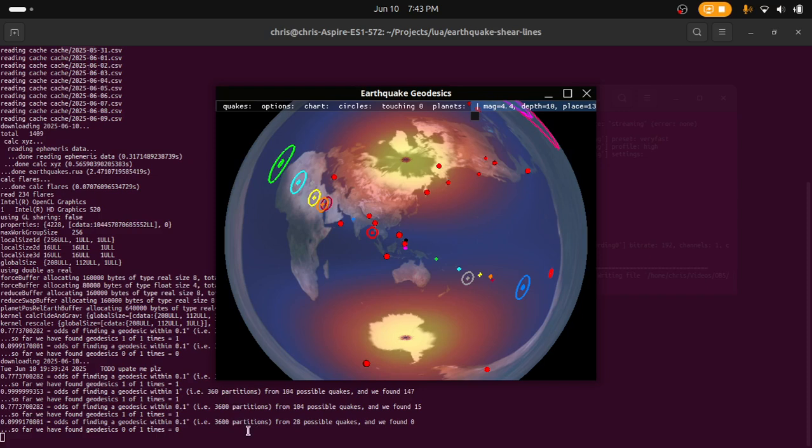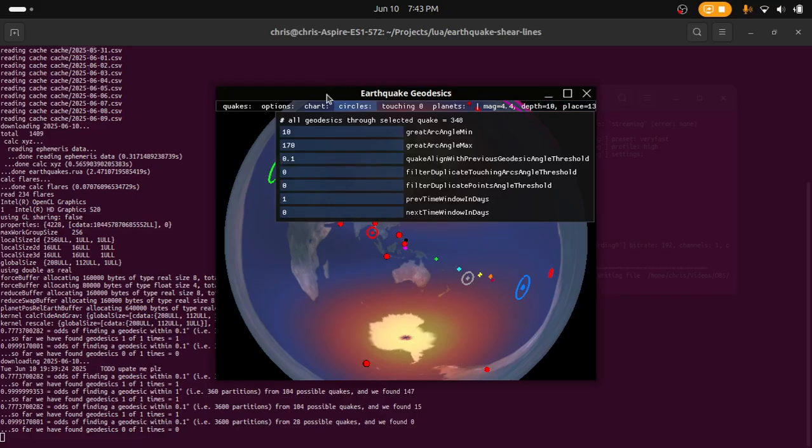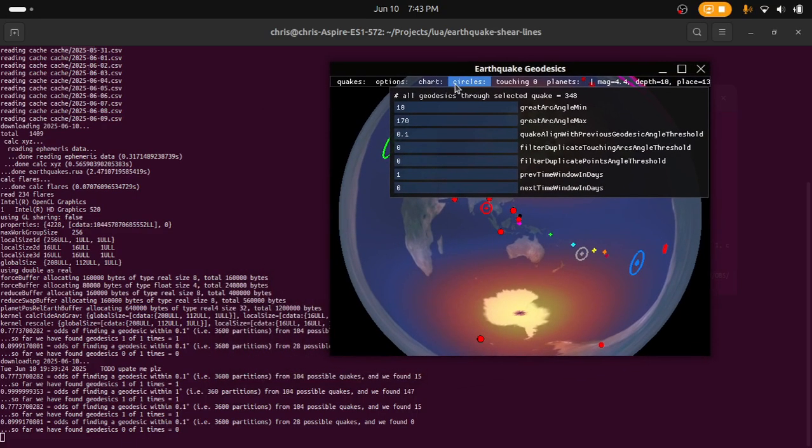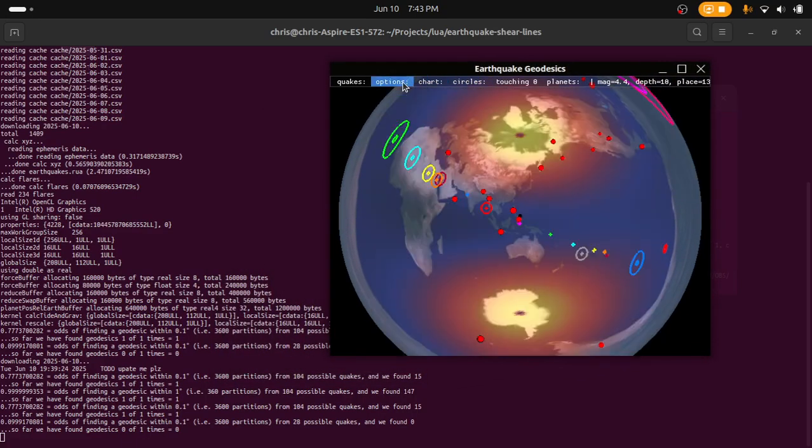So I'm just going to now cycle through a few earthquakes, and we're going to see if they overlap or not. And this is going to show us here in the corner what the odds are for the current number of quakes that an overlap happens out of 3,600 partitions. And then it's going to show us our running total.